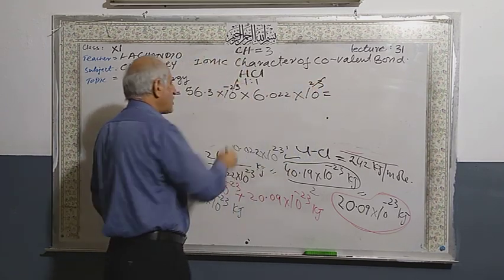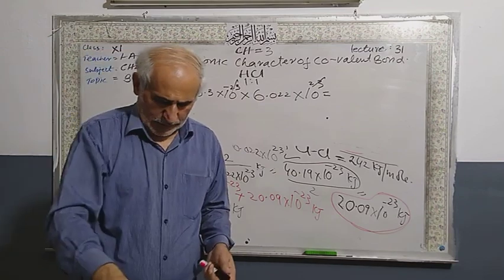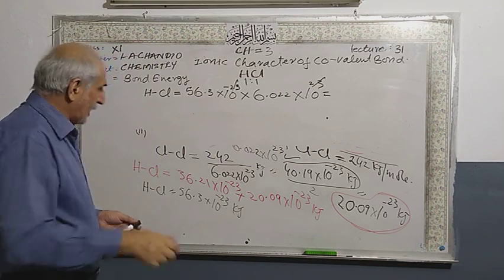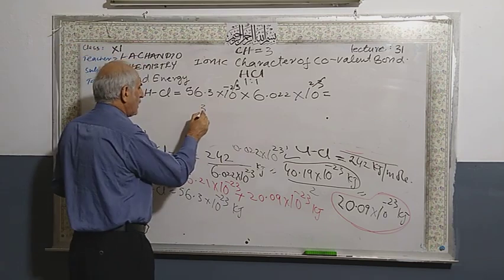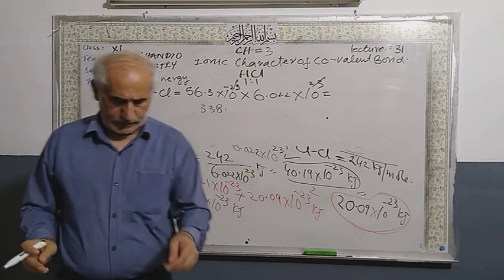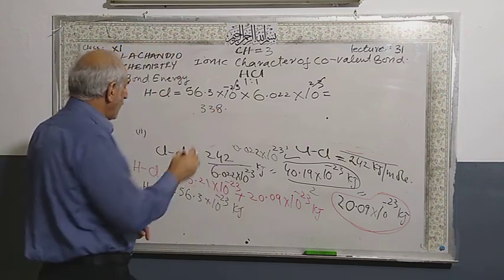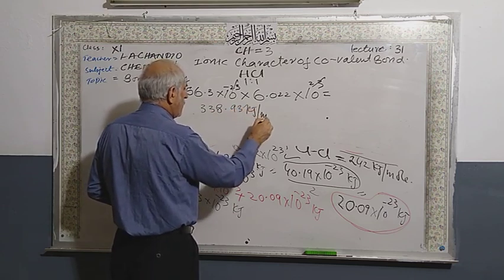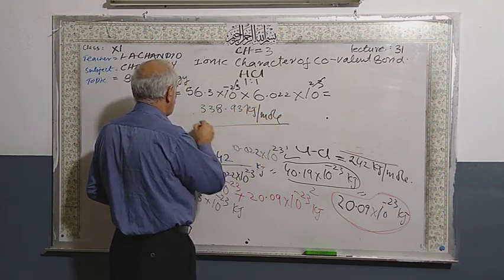So these powers cancel, and the answer you get is 338.93 kilojoules per mole.